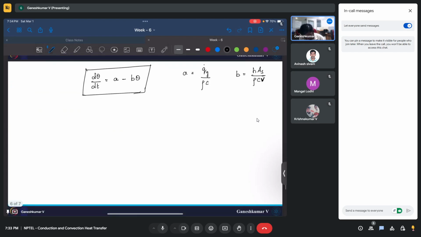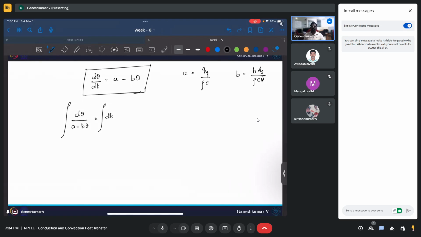Now, how do you solve it? You just need to integrate it, right? That's it. You take all the terms containing theta to one side and all the other terms containing t to the other side. Then you just integrate it.